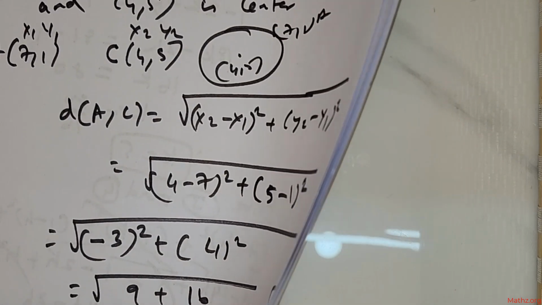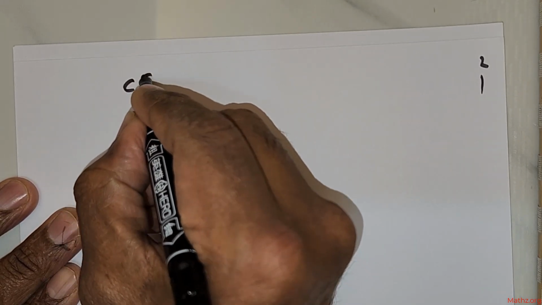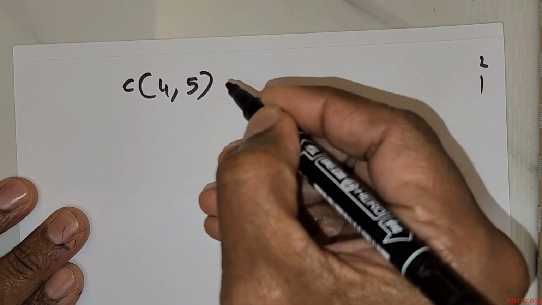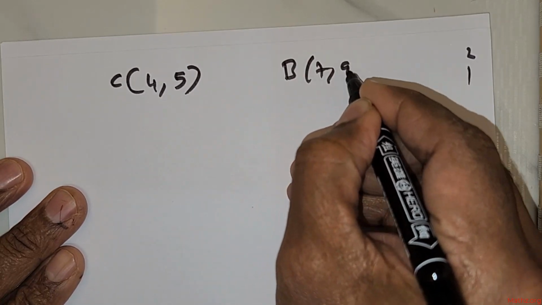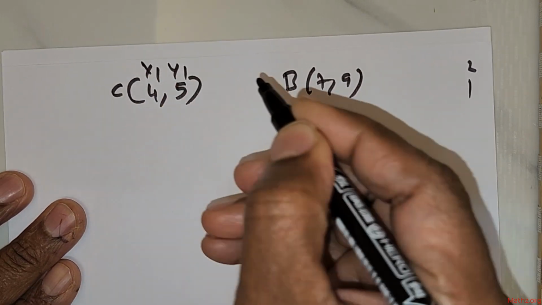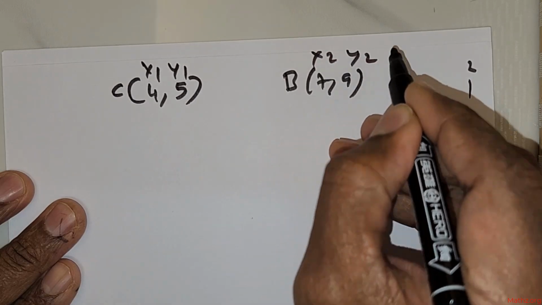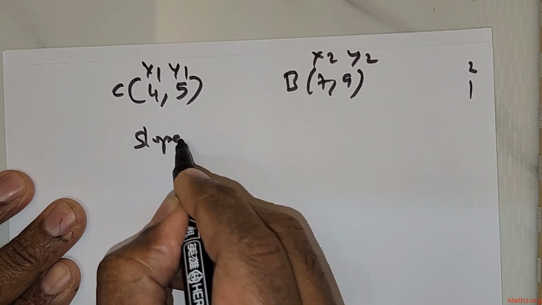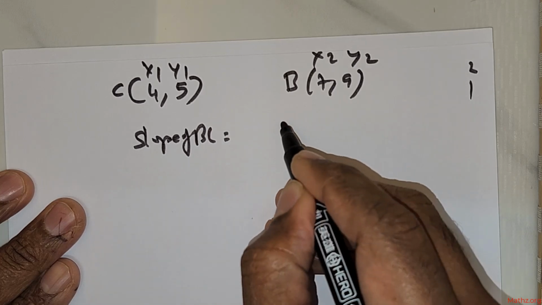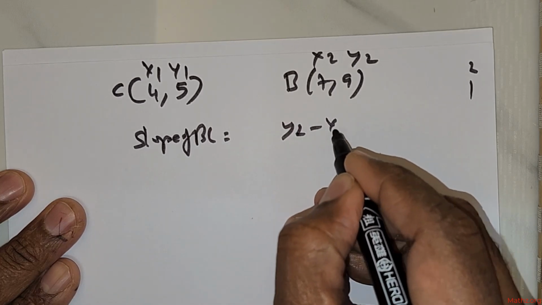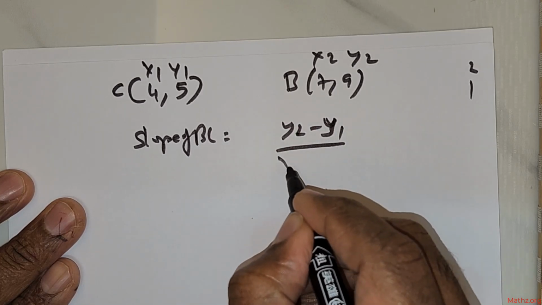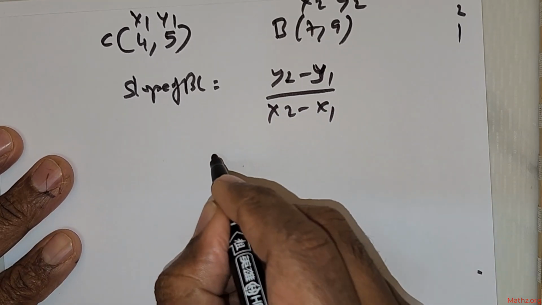So let me move to the next page. Let me rewrite C as (4, 5) and B as (7, 9). This is x1, y1, x2, y2. The slope of BC is (y2 − y1) divided by (x2 − x1).